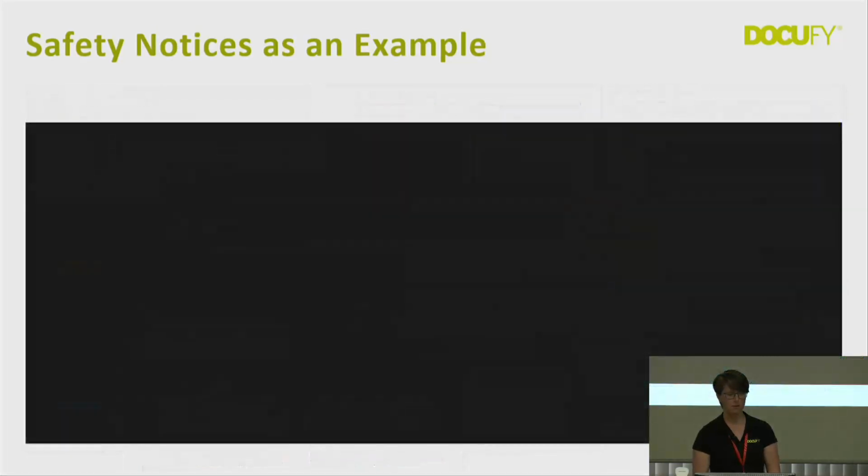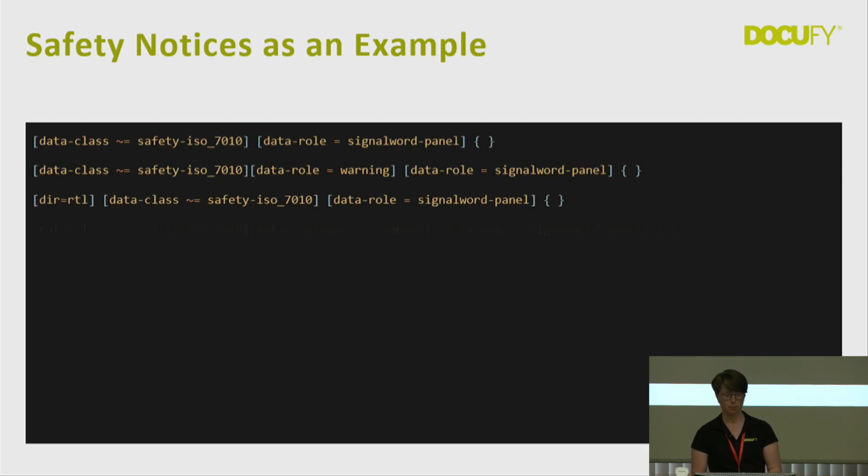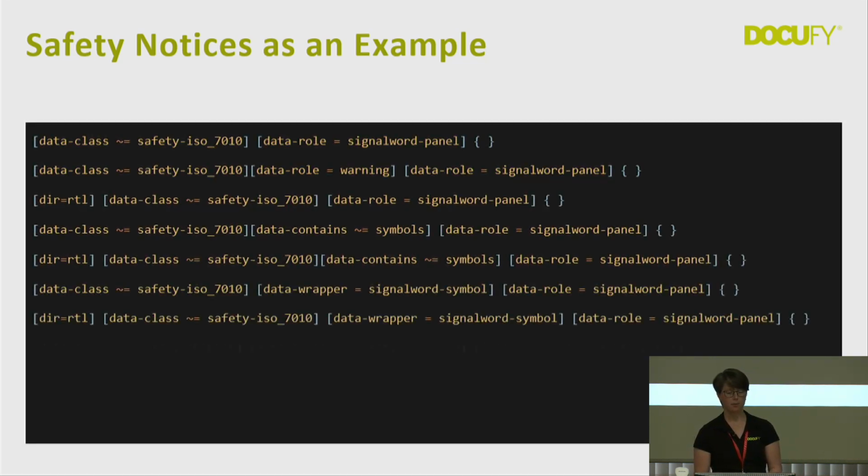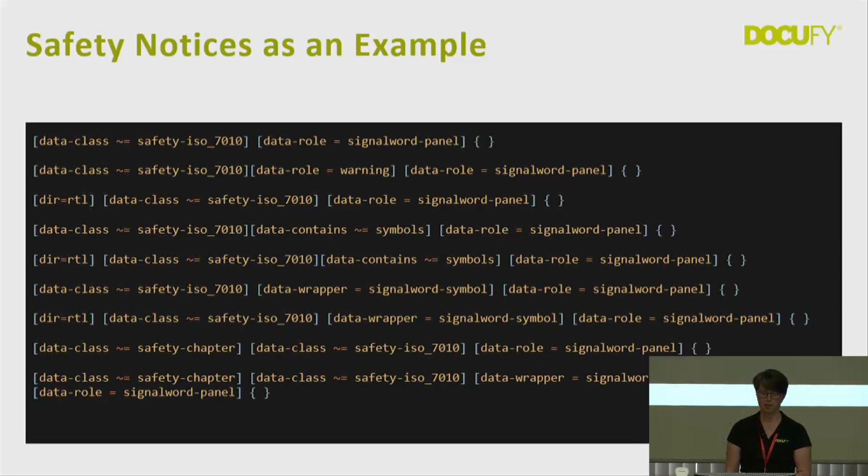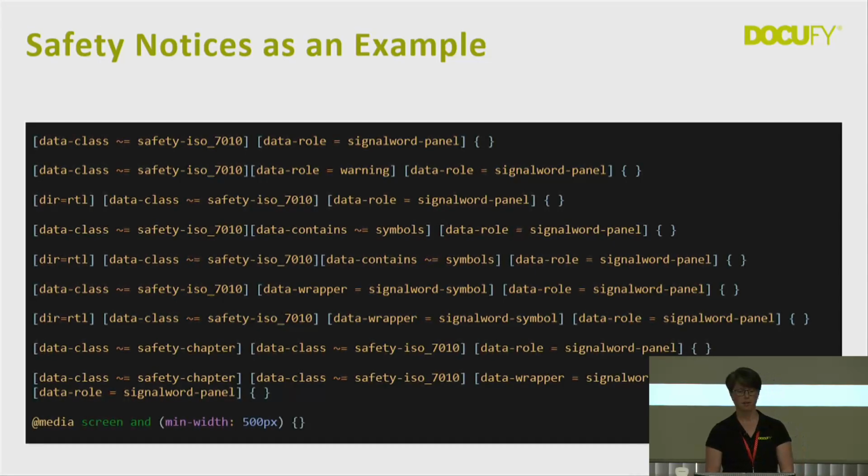So what happens when we just look at, for example, the signal word panel? Selectors are multiplying by a lot. And we might also have some additional selectors for specific media queries. And they all refer to, for example, wrappers, RTL attributes, and different variants that are expressed by different attribute values.